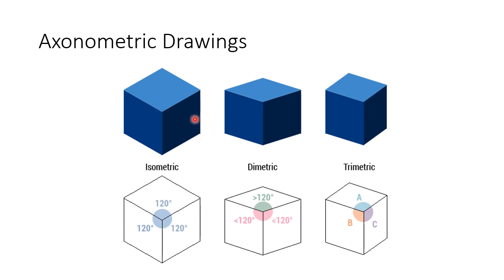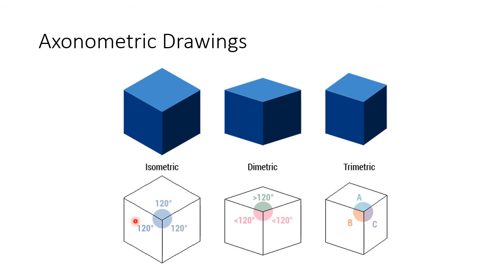Another advantage of isometric drawing is that the 120 degree angles are easily constructed using only a compass and a straight edge, and you have your 30 by 60 triangle.